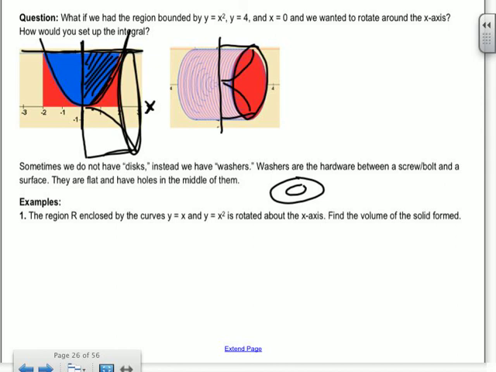So what's happening is you have the disc method on the outer piece, and you have the disc method on the inner piece. You're subtracting the two pieces. Yeah, so you're subtracting the volume of this piece right here. Rachel asked, when you're subtracting out the inner piece, doesn't the radius get smaller? Yes.